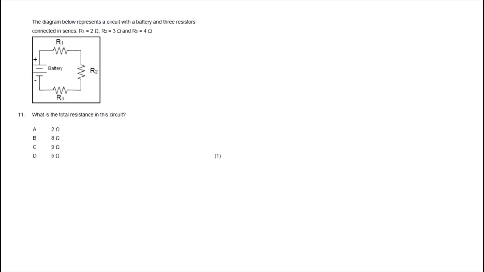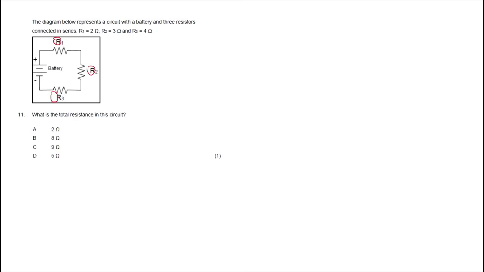Okay, and then next we will move to our next question, which is question 11. We are given the diagram below that represents a circuit with a battery and three resistors connected in series. We can see that the R stands for resistor. So now the question says, what is the total resistance in the circuit?